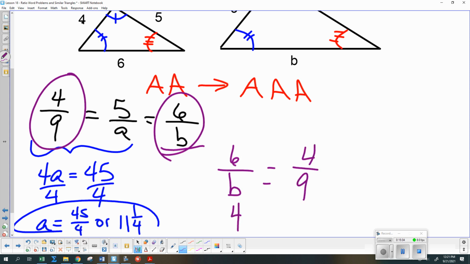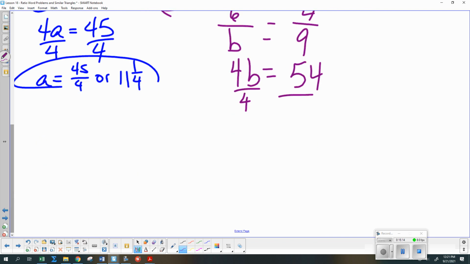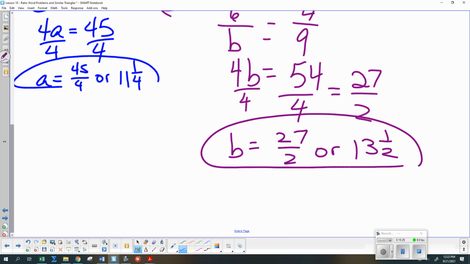Do that cross product. 4b is what, 6 times 9? Divide both sides by 4 there. And let's see, those are both even, so 27 halves. So b is 27 halves or 13 and a half, if you would rather have it as a mixed number.